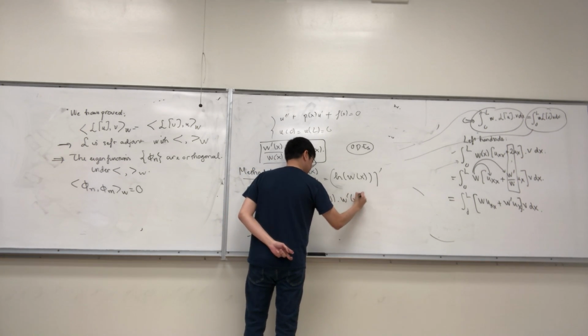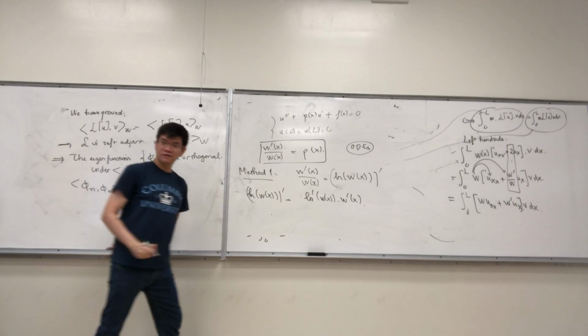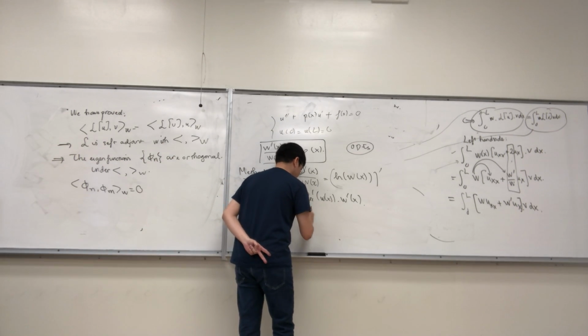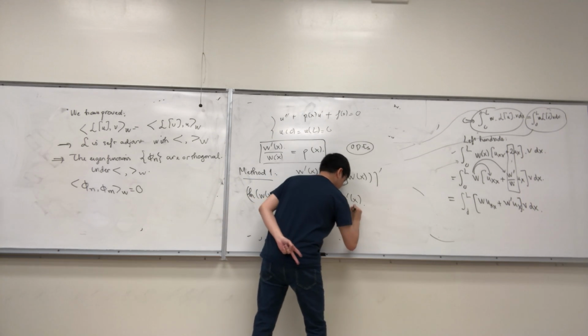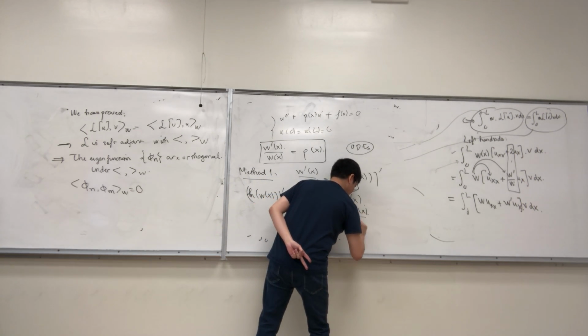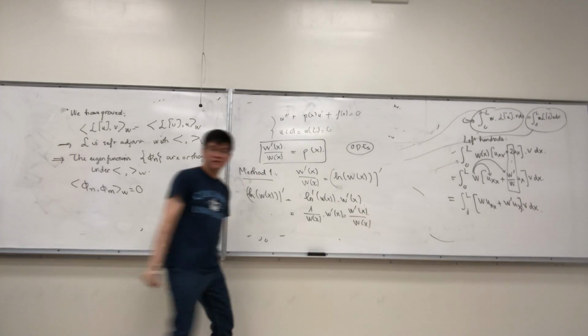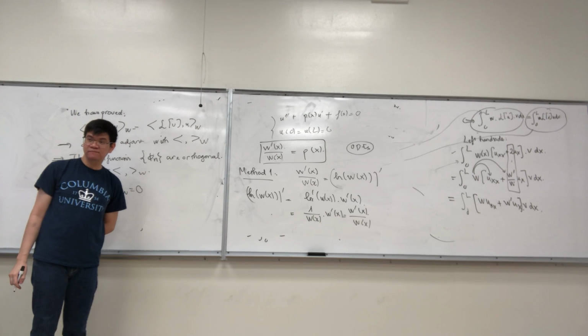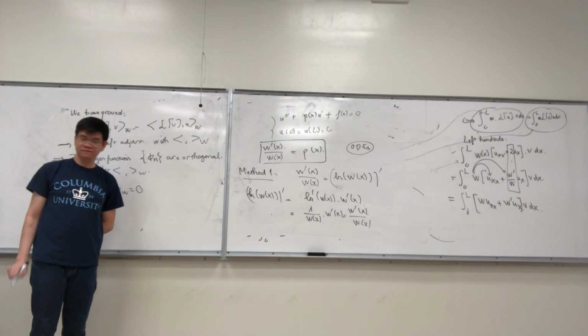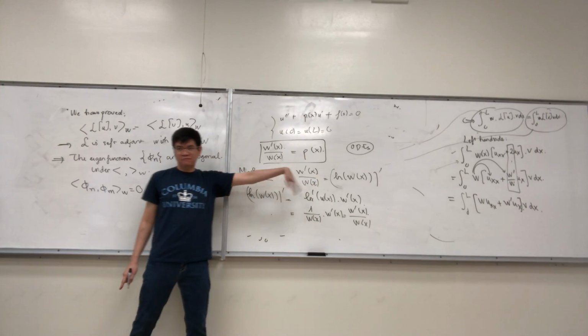Right, so what is the derivative of log w? That will be the derivative of log is 1 over w, times w prime. So this is w prime of x over w. Is it good? Questions? Right, so method number 1.